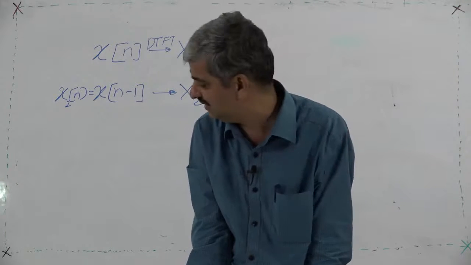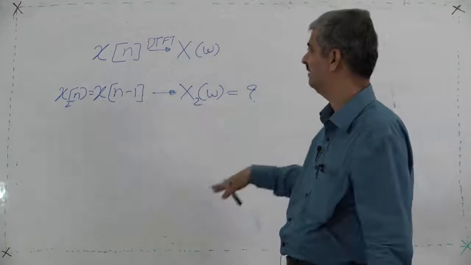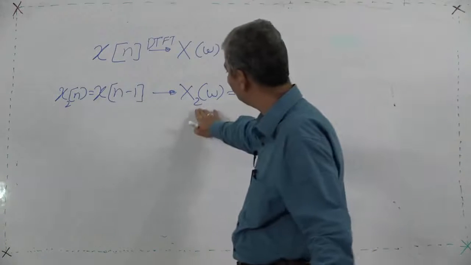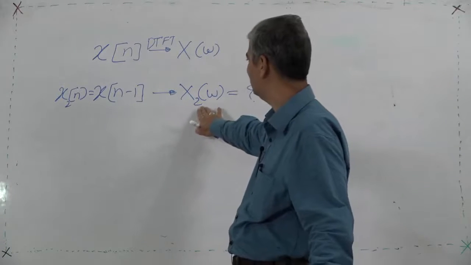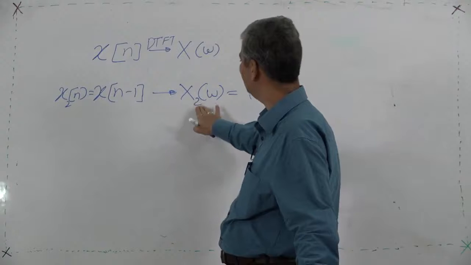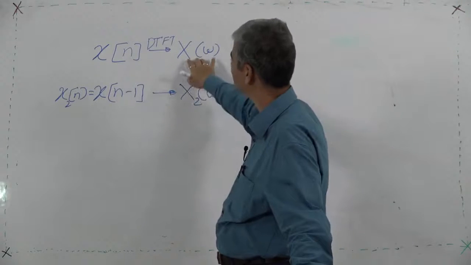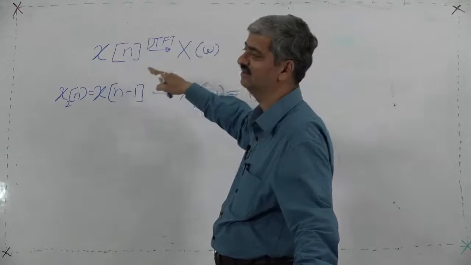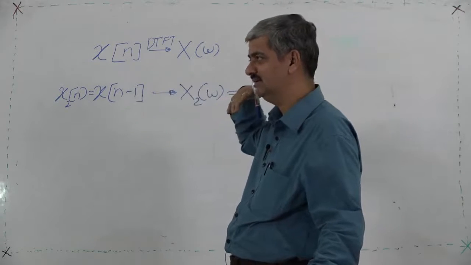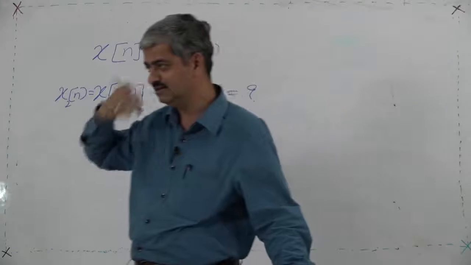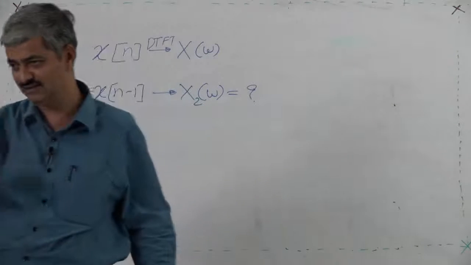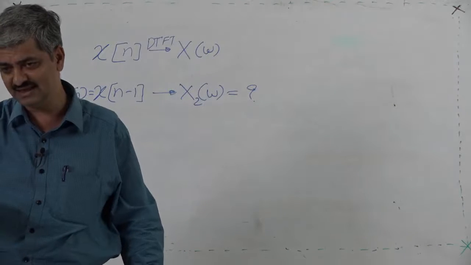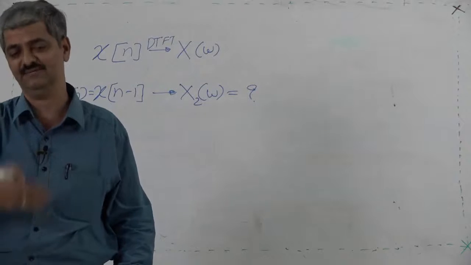Therefore, the question here is, is it possible to find this X2(omega) based on this? That is, whether the DTFT of a shifted sequence is related to the original DTFT.